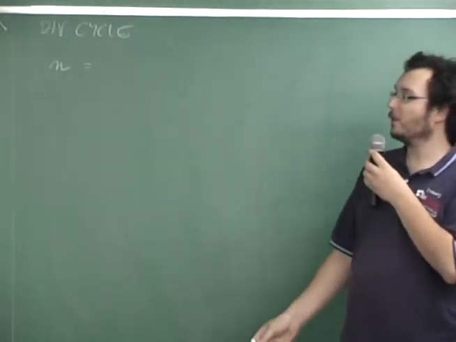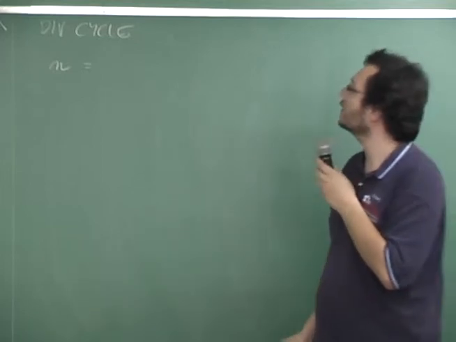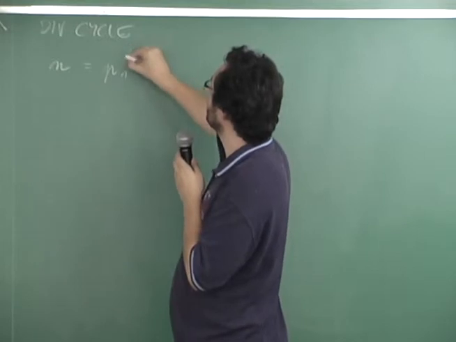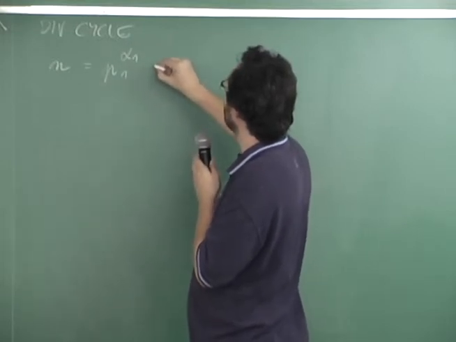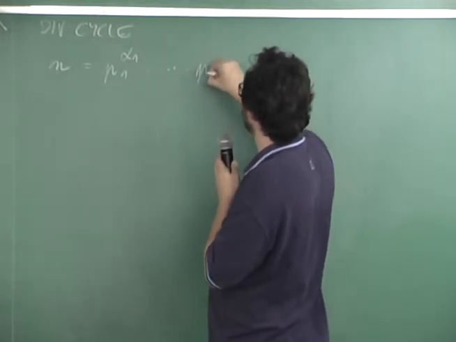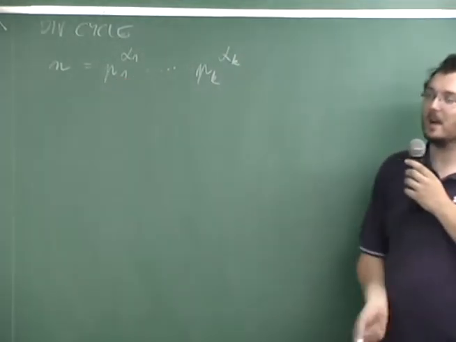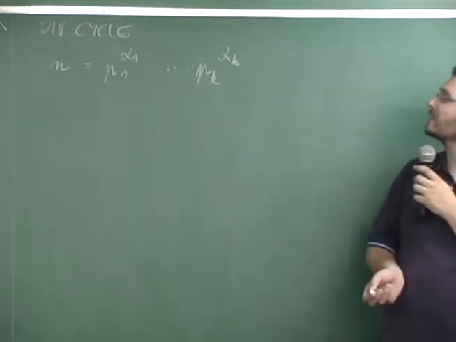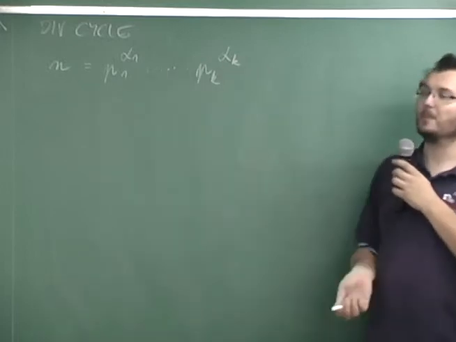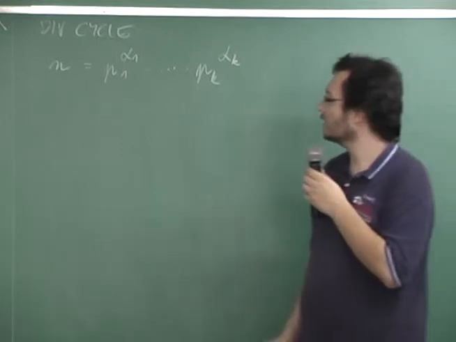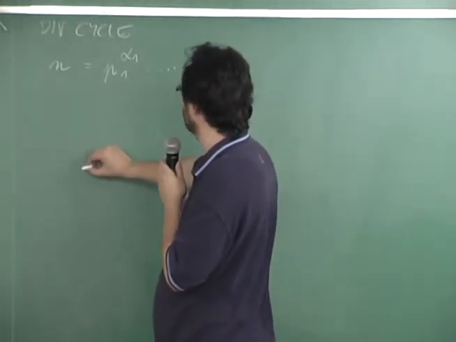So first of all, let's assume that we have the prime factorization of the number n. So it's p1 to alpha 1 times and so on times pk to alpha k, where all these p's are pairwise distinct primes and the alphas are some powers. So what we can do now is build a circle like this.